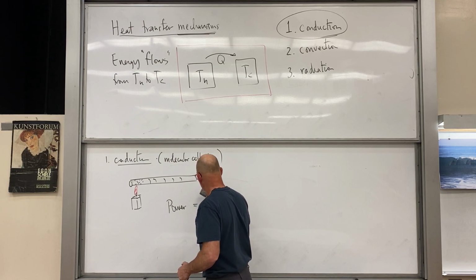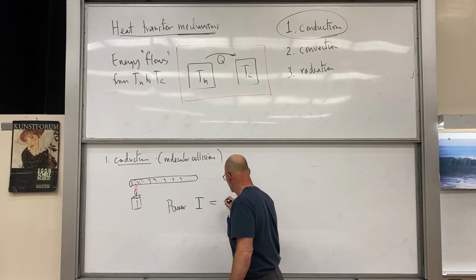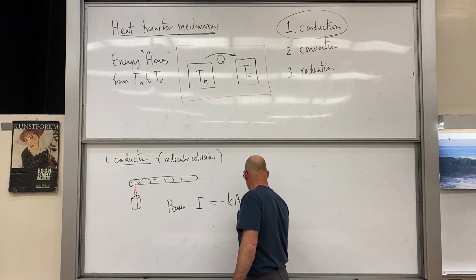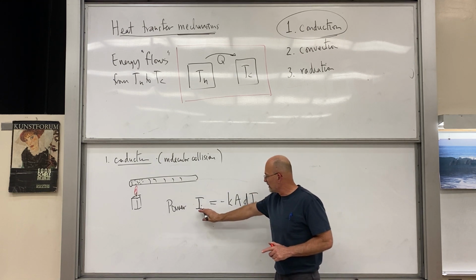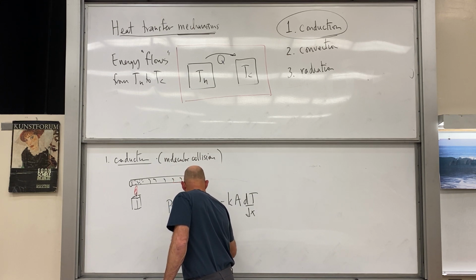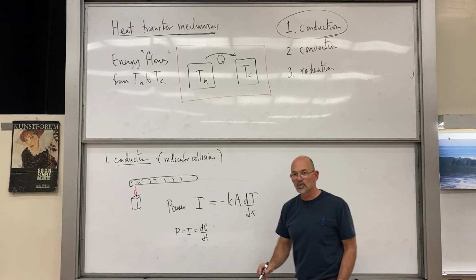For power, we're using in our book the letter I. I'll go ahead and write this down: I equals minus K A dT/dx. So this is power. I is dQ over dt, joules per second, watts, is power.